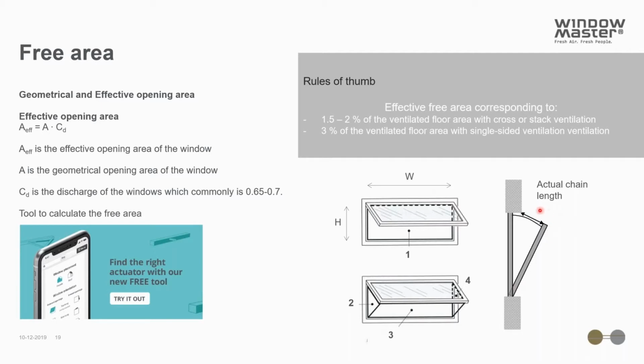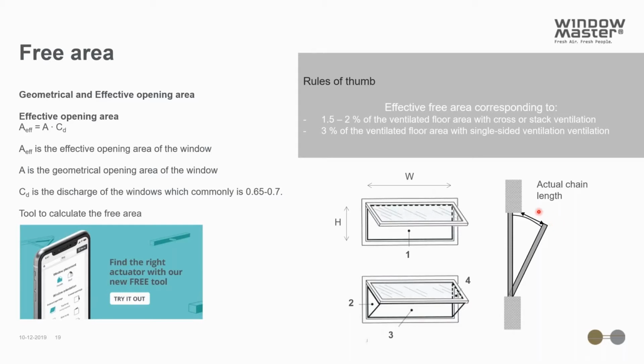And what you can see here is that the effective chain length of the opening is much smaller than the actual chain length of the actuator. And this is often the case due to the first part of the chain being used to push the window free from either the frame of the window or the wall as shown here.